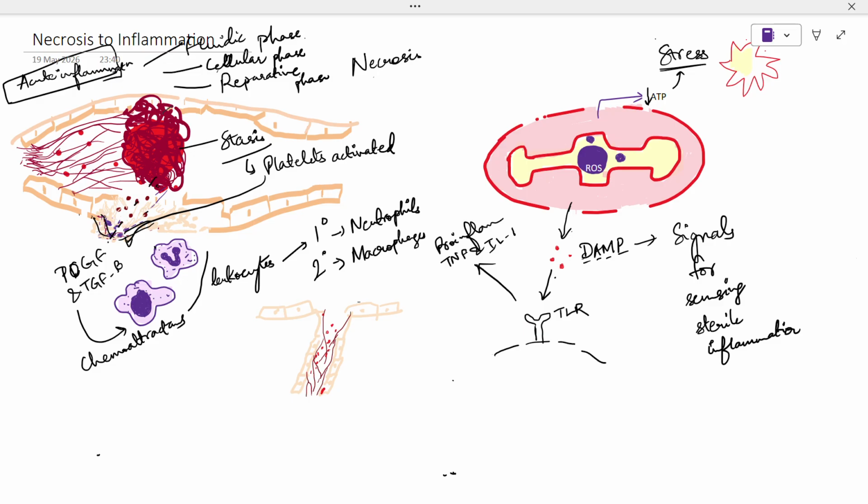Now, these leukocytes have been recruited at the site of the injury, but they do not have a go signal.